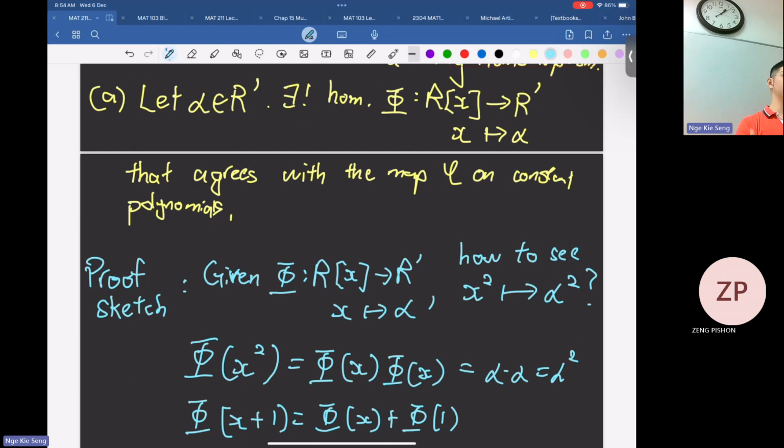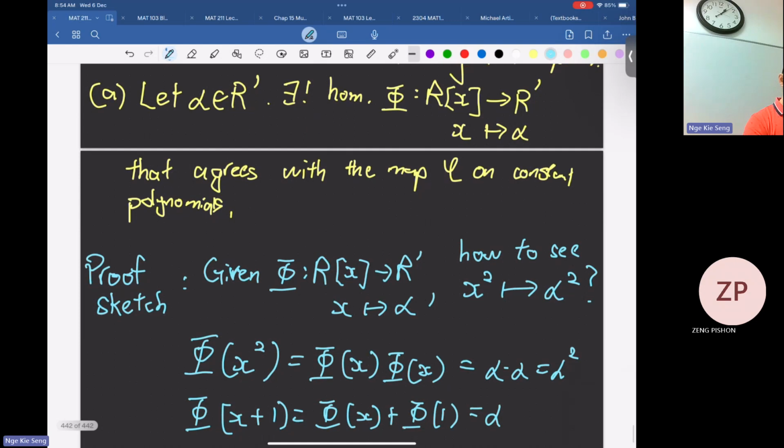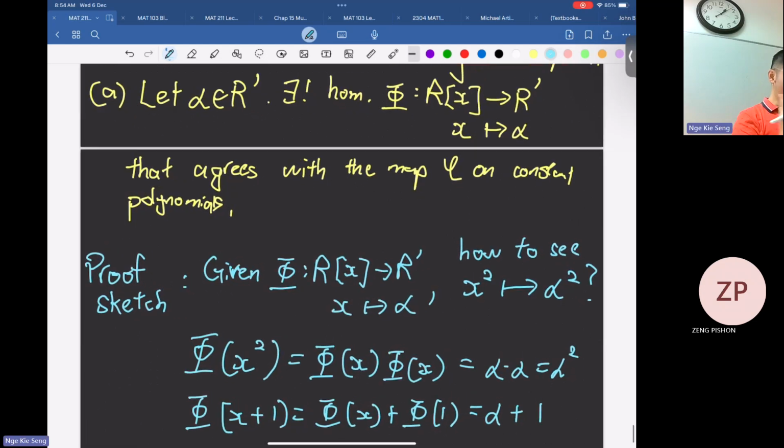We want to extend this map to a homomorphism. Φ(x) is alpha. How about Φ(1)? Correct, very good. So that agrees with the map φ on the constant polynomials. It means that it sends all the elements in the coefficient ring to their images under φ. Okay, good. So we have a homomorphism.